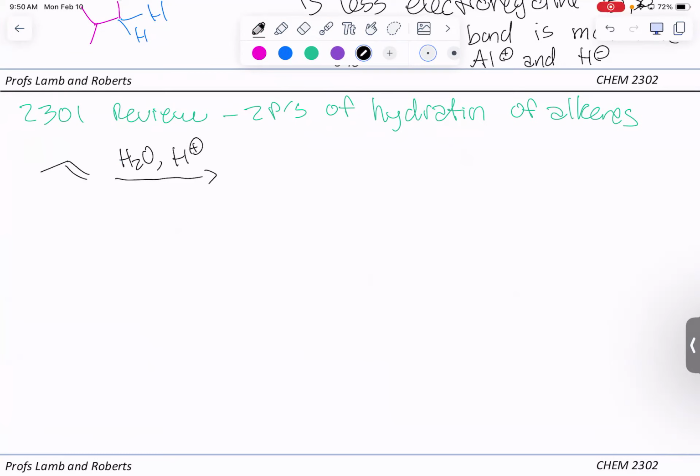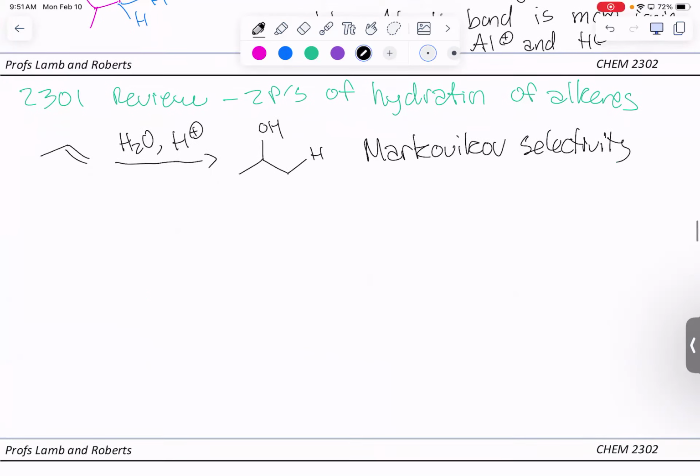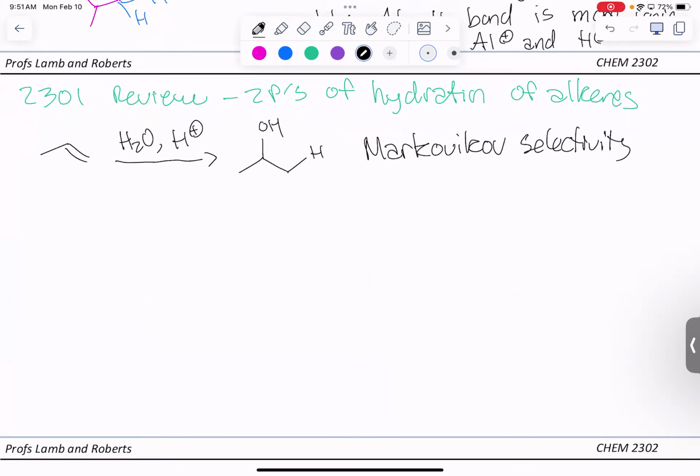These are acidic conditions. In this case, we have added OH and H across that double bond, so we've made an alcohol. The selectivity here is Markovnikov. This will come up in your homework, but this is a review of another way that you've already learned to make alcohols. So this is hydration.